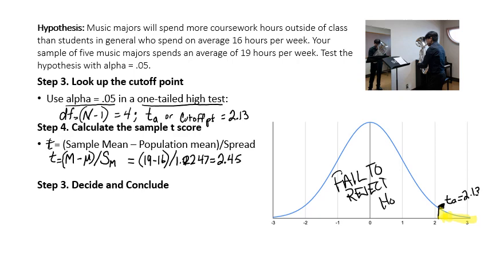2.45 is going to be further into the tail of the distribution, maybe right around here. T equals 2.45, which means that our decision, just like we make in other problems, is that we will reject the null hypothesis. It's not in the fail region, it's in the shaded region.